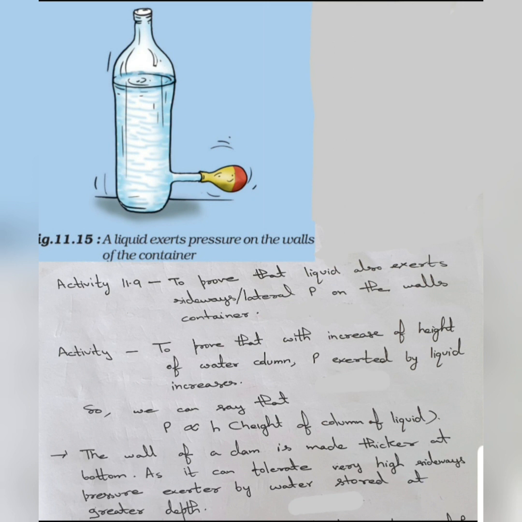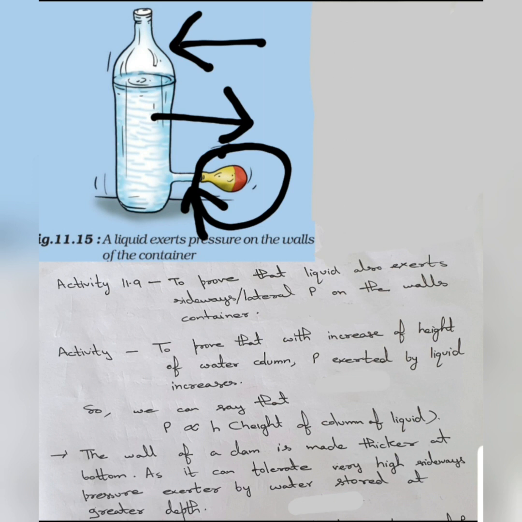Let us discuss another activity, 11.9. In this activity we will prove that liquid also exerts pressure sideways on the side walls of the container. We take an empty plastic bottle, we insert a small glass tube near the base of this bottle, and then we tie a balloon on this glass tube.